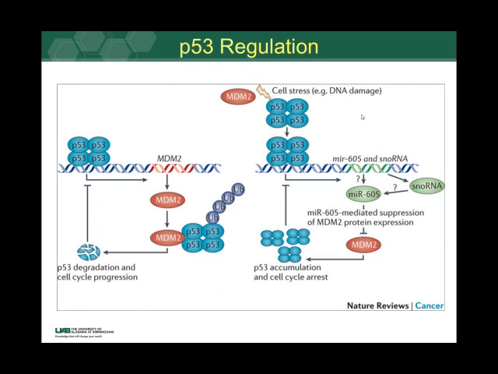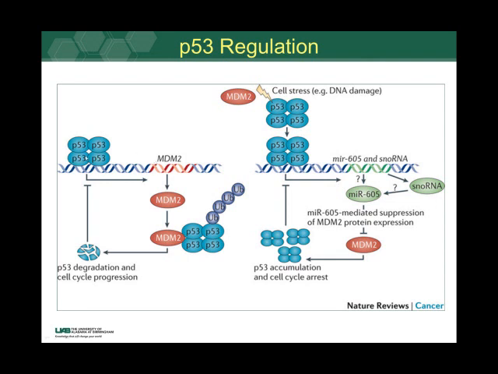p53 regulation is very, very simple. What we understand about this is that p53 is regulated at a very low level by binding to MDM2, which is a ligase enzyme, one of the ligase enzymes that is responsible for ubiquitination.